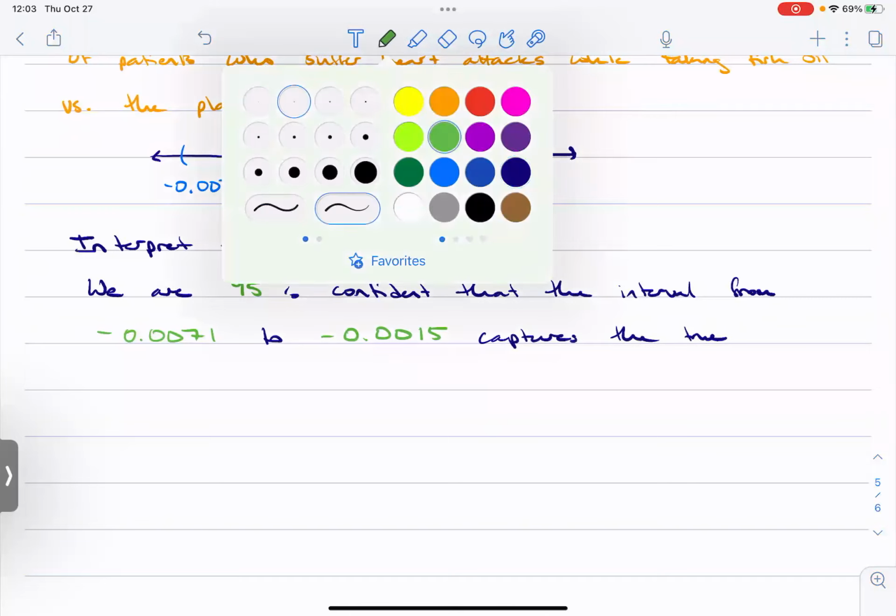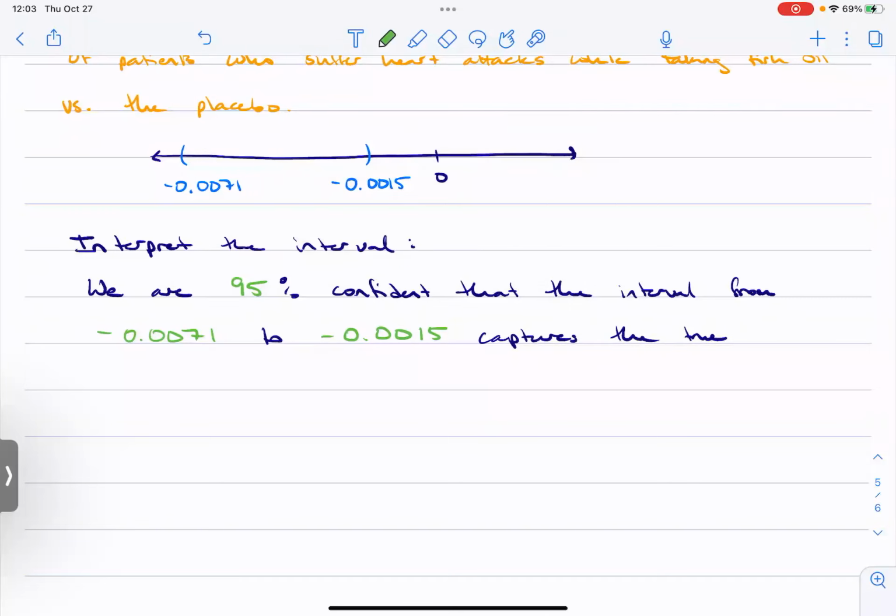the true, and true is kind of a key word for population.